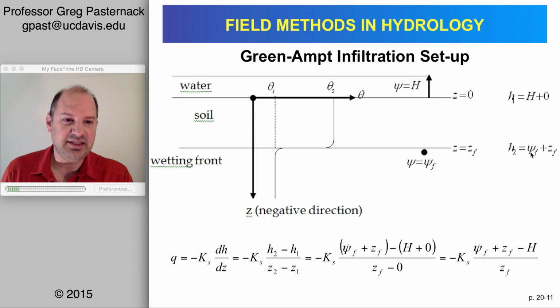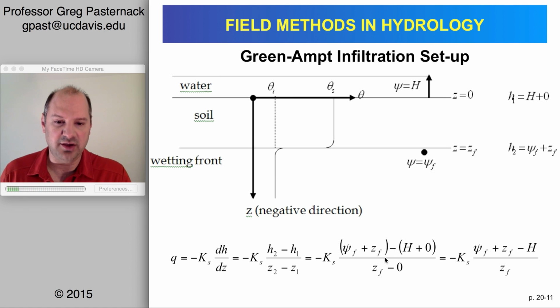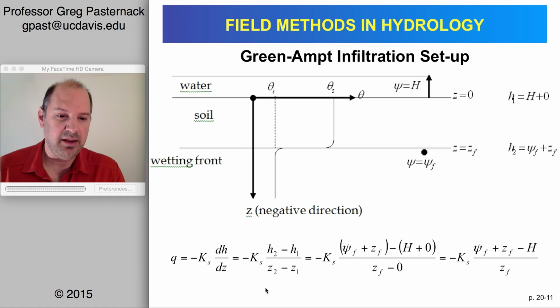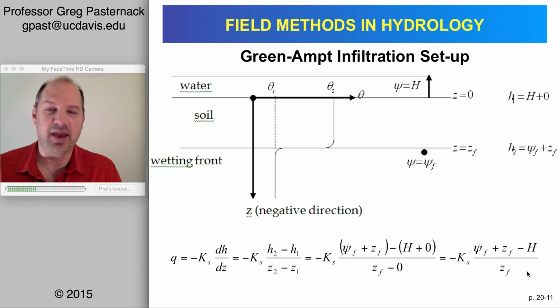So we've got psi F plus ZF, and we substitute that in, and we've got H. And then Z2 and Z1: Z1 is just 0 because we've defined by the datum that the ground surface is our origin in the vertical. And Z2 is the position of the wetting front. So we can just put these variables in, and we have this infiltration rate, which is the same as the groundwater flux rate, equal to this term on the right. Okay, now we're going to hold on to that.